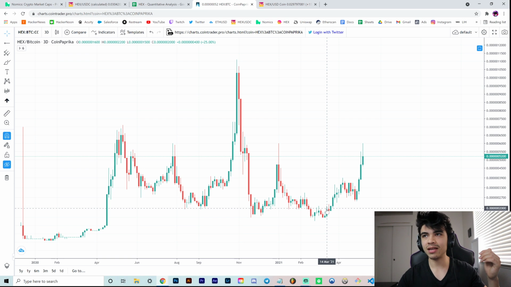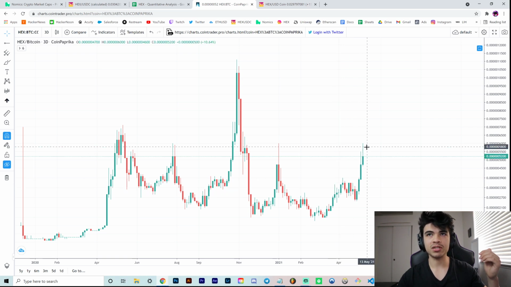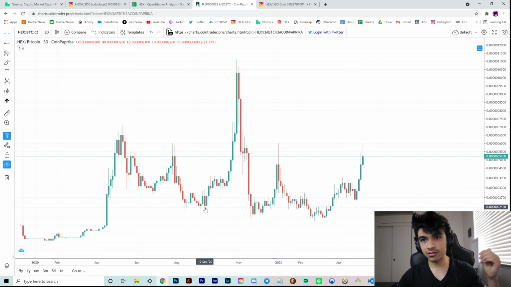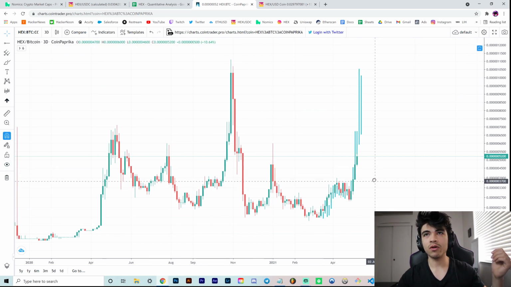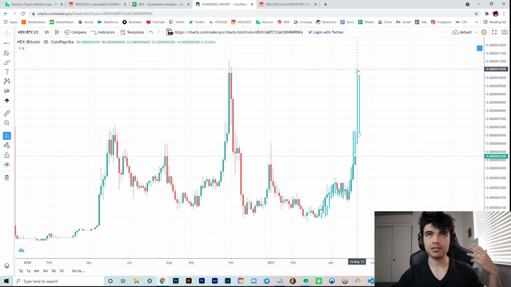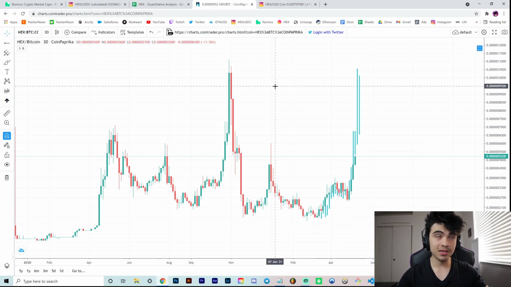So 16, 17, 18, 19, 20 up into almost 40 satoshis and then consolidating before taking off, which is very similar to what happened over here, where we actually started around the 20 satoshi region, formed this sort of bull flag around the 30 satoshi region, similar to over here, and then blast off, right? So if you overlay the fractal, then it could take us to prior all-time highs on the HEX BTC pair.